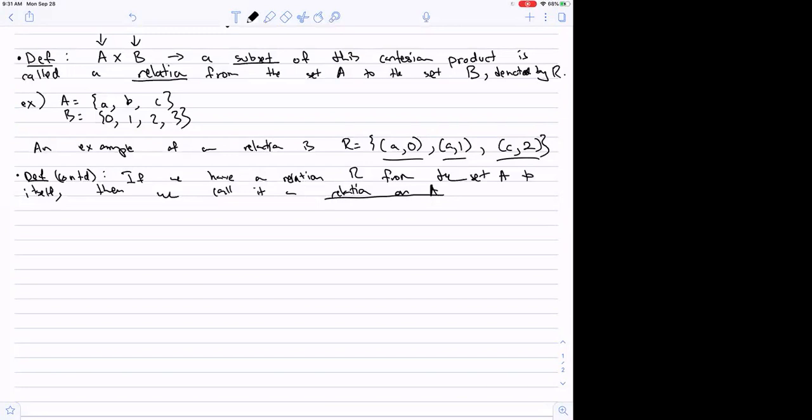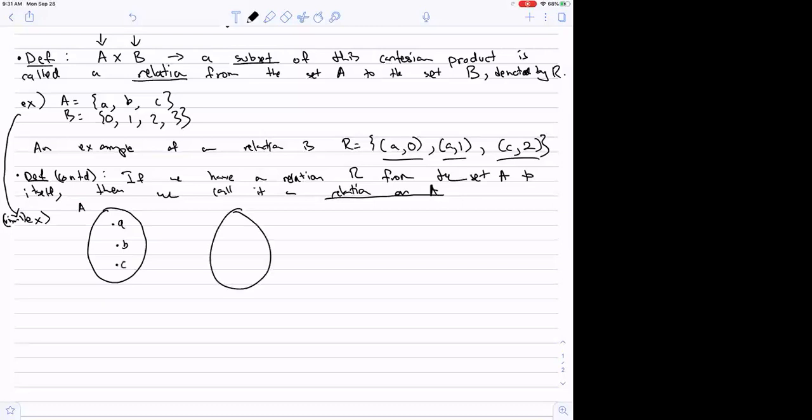For example, if I were to draw this relation visually, this is A, and I'm going to draw points to denote the elements, and this is B: 0, 1, 2, 3. This relation R takes a to 0, but it also takes a to 1, as the second one says, and then it takes c to 2.